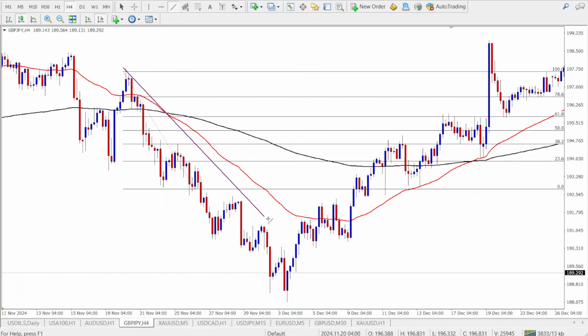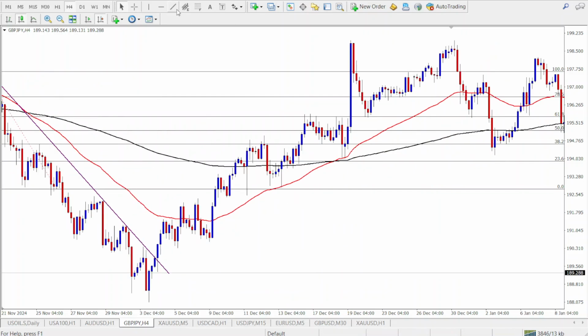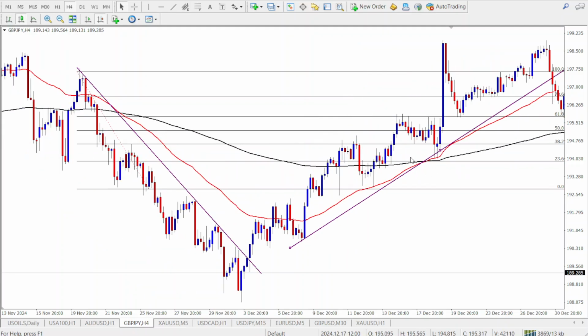When a trend is strong, price tends to pull back to a rising or a falling trend line before continuing. Now, instead of entering randomly, wait for price to reach these levels and look for confirmation.